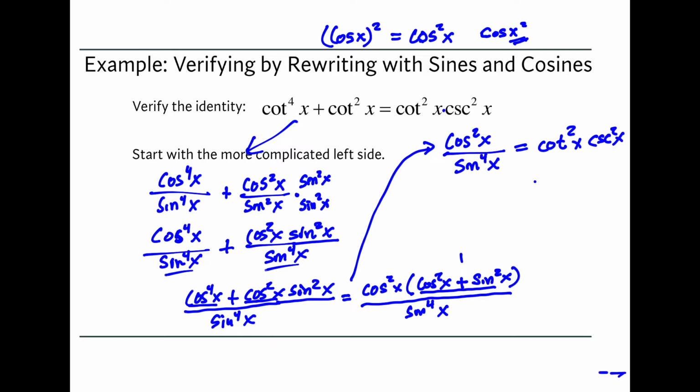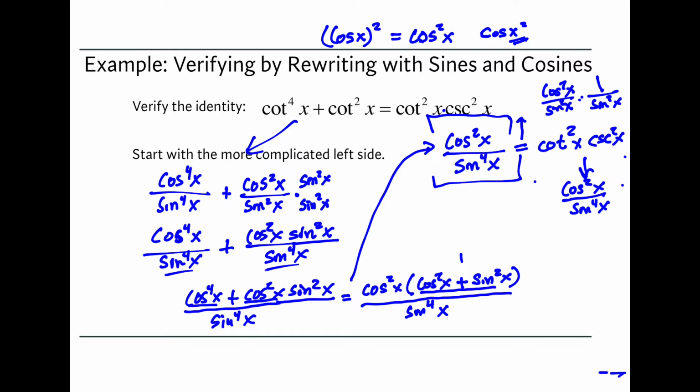But if we look at what this is in terms of sine and cosine, cotangent squared would be cosine squared x over sine squared x, and cosecant squared x is 1 over sine squared x. Notice that if I actually carried out this operation, this would give me cosine squared x over sine to the fourth x. So they really are equal to each other.